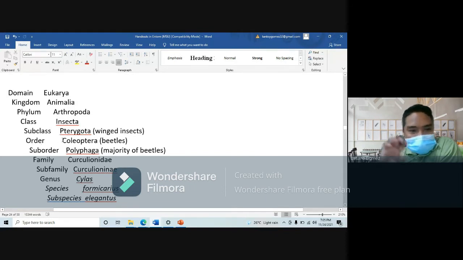Then the order. What is the order of the insect? There are insects of the order Coleoptera. Suborder Polyphaga, or the majority of beetles. But there are also other insects that have no suborder. From order to family.